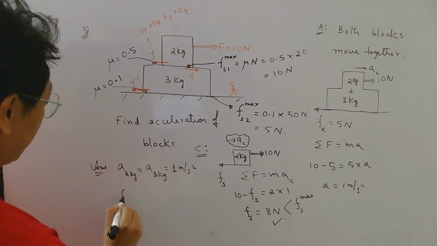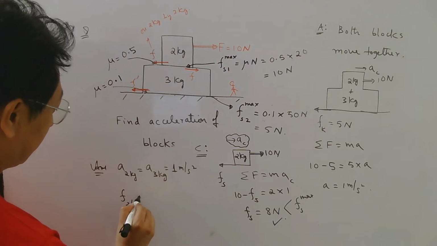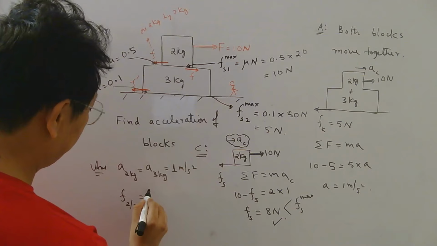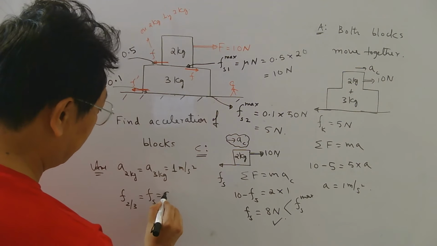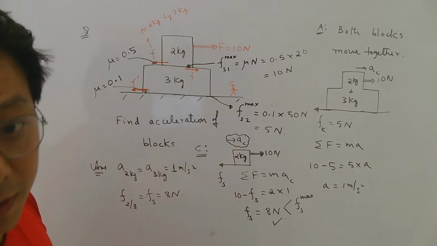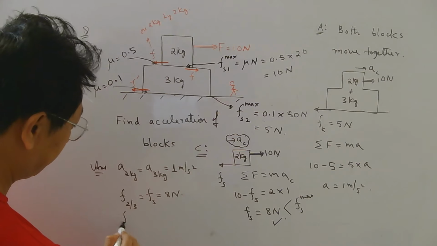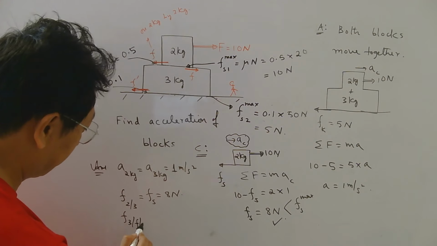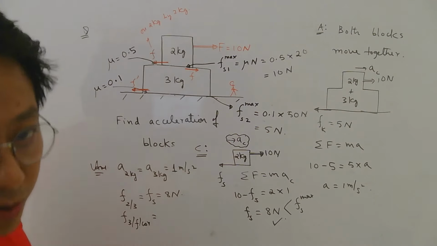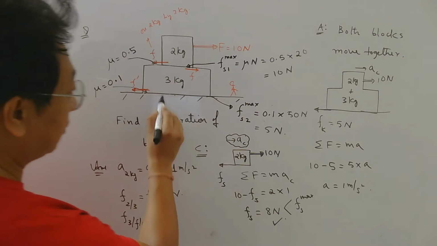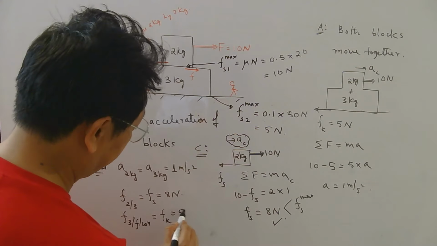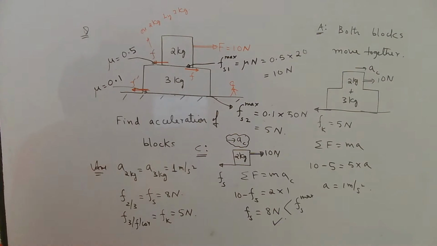Friction between 2 kg and 3 kg mass is static friction, and the value is 8 Newton. And friction between 3 kg block and the floor, they can ask friction also, is what friction is there? Kinetic friction, 5 Newton. So this is how we can solve this question, right?